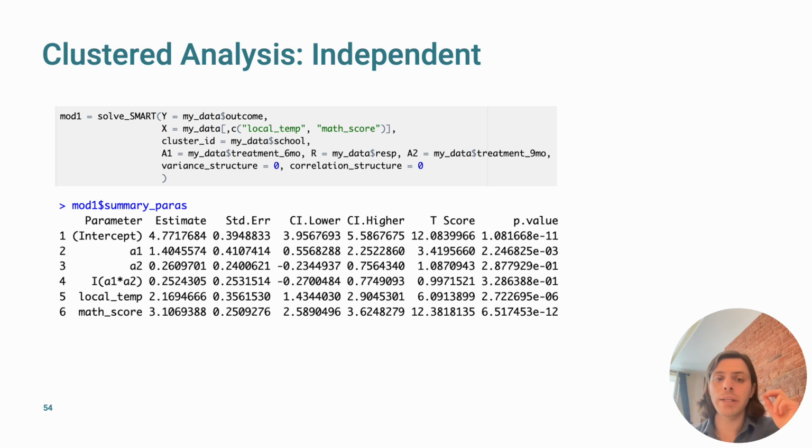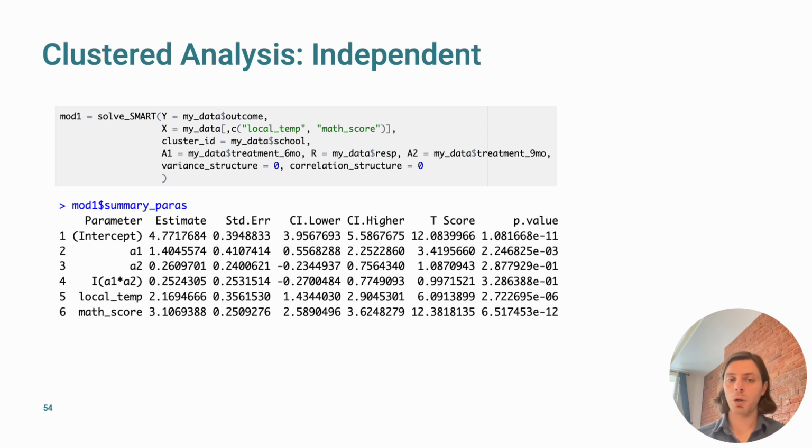Then this is important, you need to specify the ID of the cluster so that the package knows what the clustering level is. In this case, it is the school. So you specify that your school is your cluster ID. Then A1 was that treatment 6 month. R is your response, and A2 is treatment 9 month.